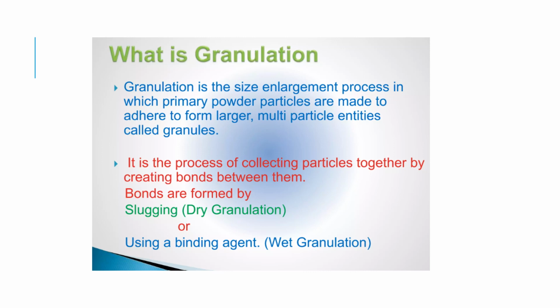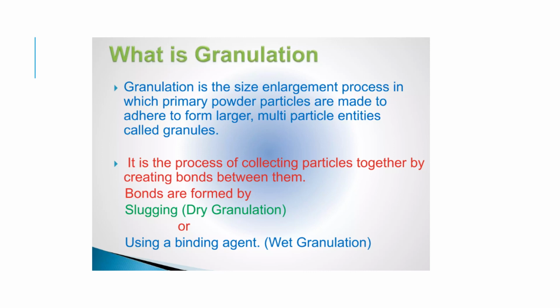These bonds can be formed by 2 methods: by using a binding agent, which is also called wet granulation, or by slugging. Slugging is also called dry granulation. Here we are not using the binding agent in order to adhere the fine particles.